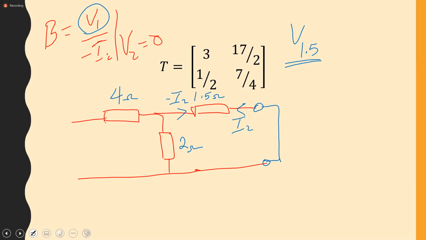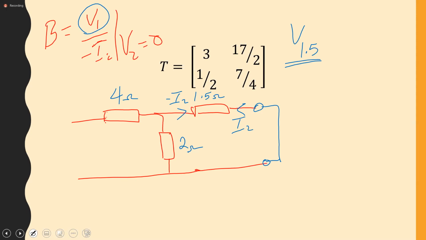What is the relationship between V1 and the voltage across the 1.5? The V1 is split between the 4 ohm and the 1.5 and 2 ohm in parallel.